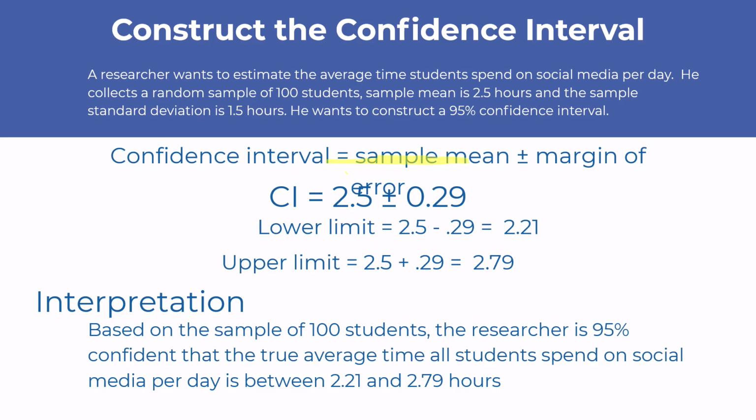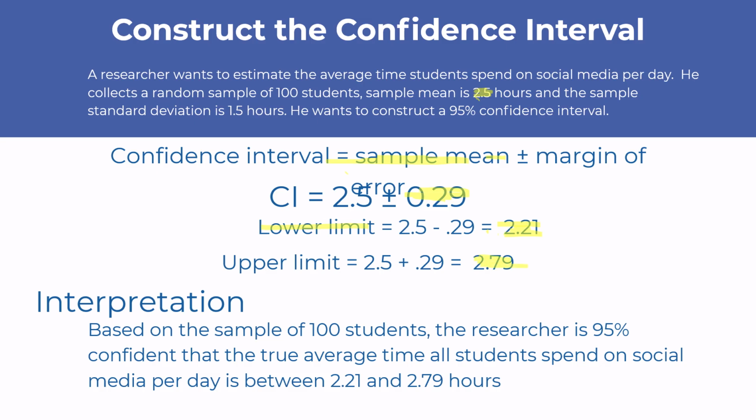So we know that the sample mean is 2.5, and we know that our margin of error is 0.29 or 0.294. Okay, so we just use that. So for the lower limit, 2.5 minus 0.29, so that's 2.21 hours. And for the upper limit, that's 2.5 plus 0.29, so that's 2.79.